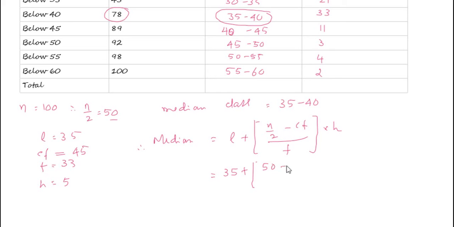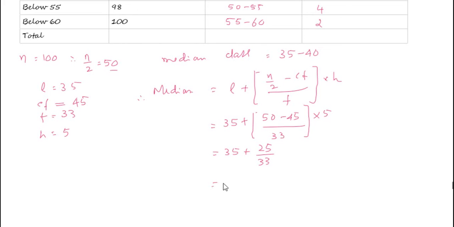CF is 45. F is 33 into H. H is 5. So it is equal to 35 plus 50 minus 45, 5 into 5. This is 25 divided by 33.